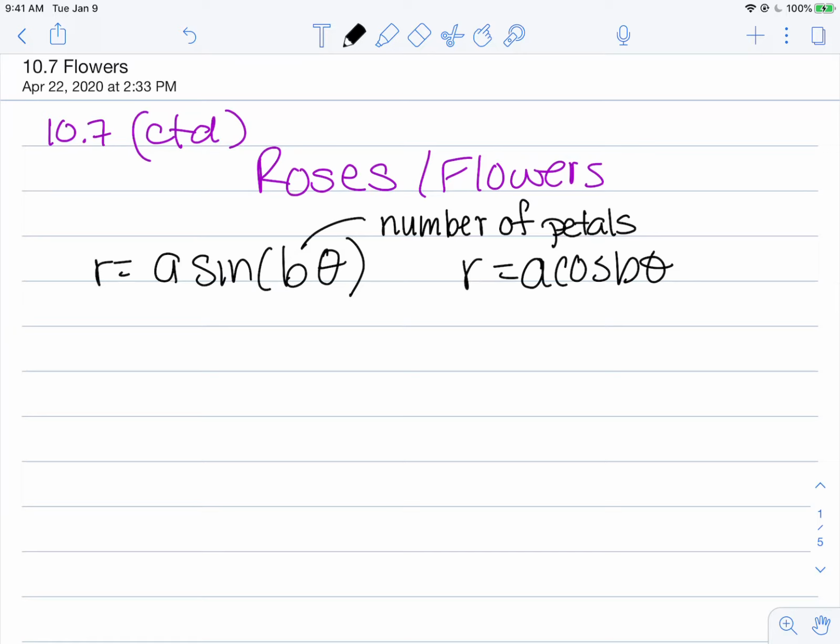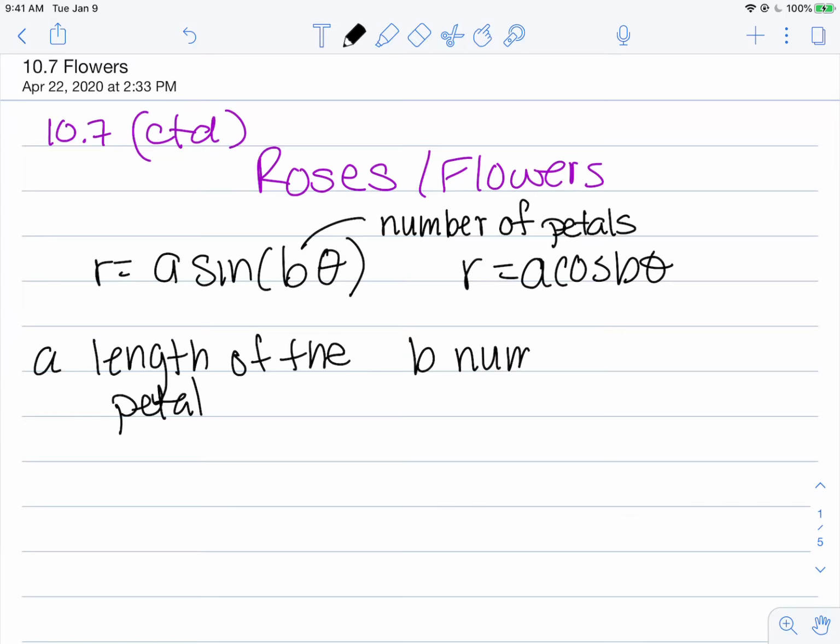All right, so A gives you the length of the petal. Okay, and B gives you the number of petals.